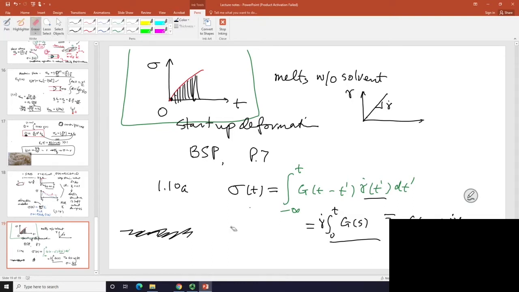And remember last time, I also said, miraculously and strangely, the Maxwell model also captured this response very nicely. I, in fact, spent some space talking about it in figure 1.4.